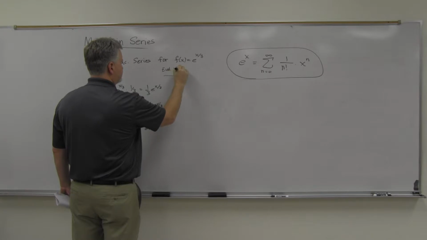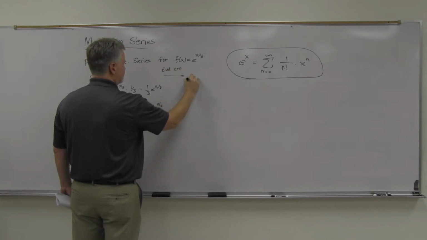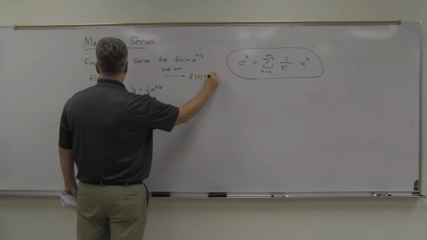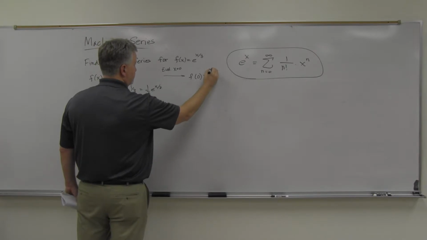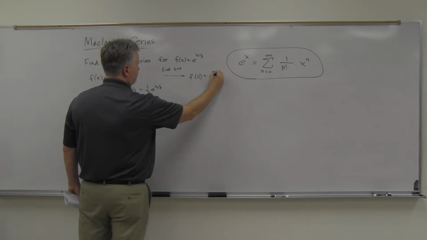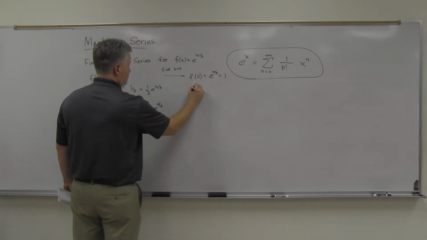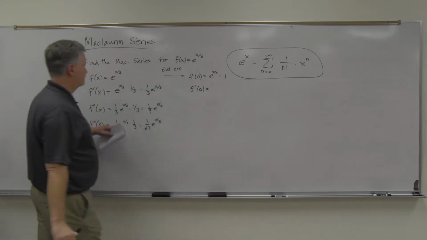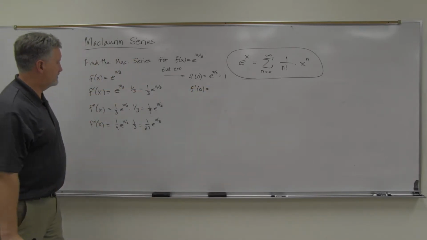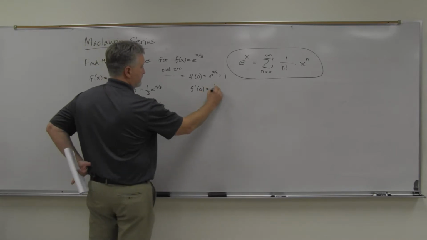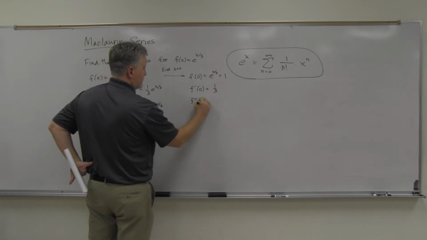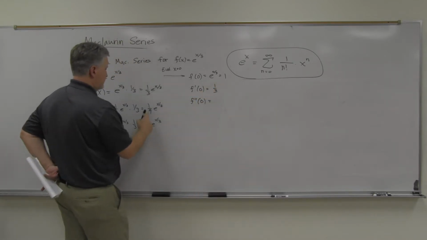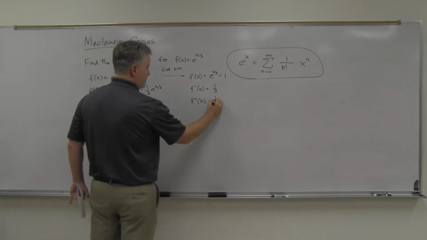So evaluate these at x equals 0 for Maclaurin series. f of 0 would be e to 0 over 3, that'd be just 1. The first derivative at 0 would be 1/3 times 1, so it'd be 1/3. Second derivative at 0, 1/9 e to 0, so that'd be 1/9.